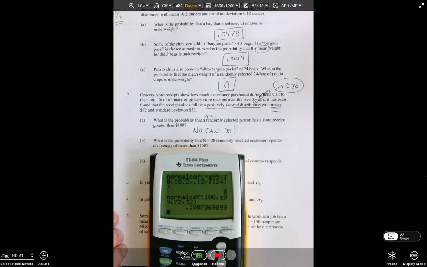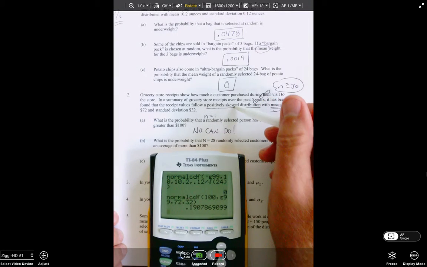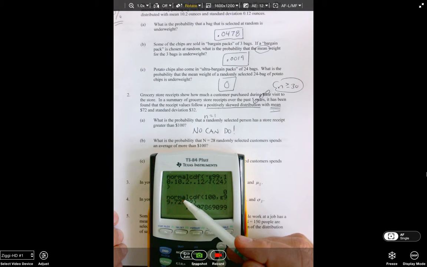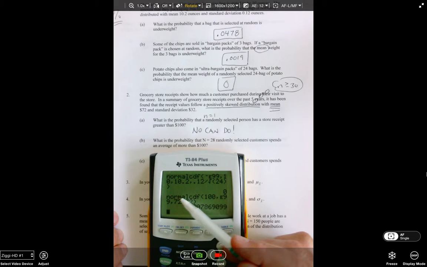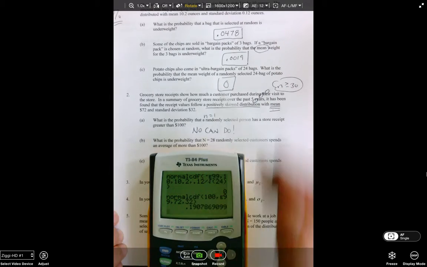Well, no, you can't. Because, guys, we have a positively skewed distribution, not a normal distribution. So if this said positively skewed CDF, I'm with you. But you're not going to find that calculator key because it doesn't exist. You're assuming you have a normal distribution when you work this problem this way. Guys, we don't have that luxury.